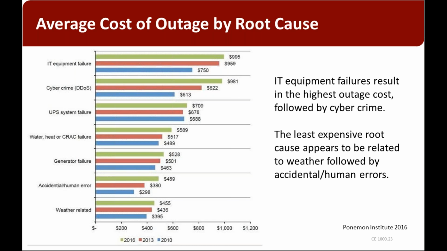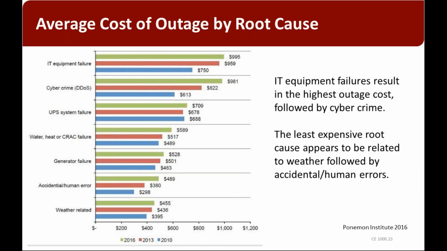On this slide, we're also looking over time. So IT equipment failure also results in a high cost. That might be a failure of a drive or a component or a storage device or something in your network. And a lot of that leads to having redundancy and high availability, or the lack thereof.